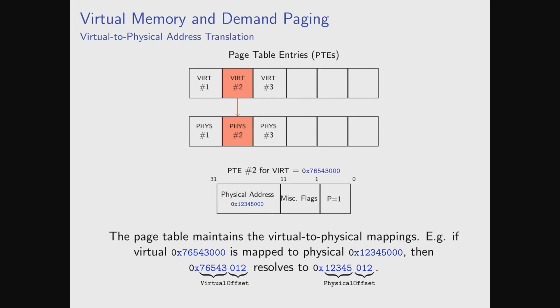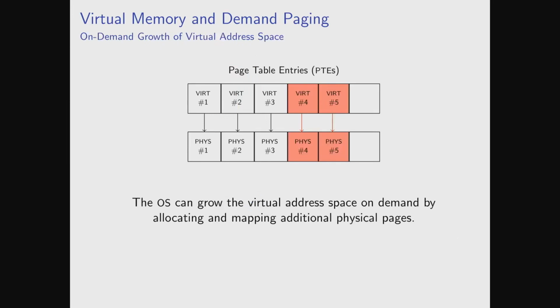The page table dictates the translations between virtual and physical pages, basically specifying the high bits of the virtual page and the high bits of the corresponding physical page, with some flags and also this present bit at the bottom, which we'll talk about again in a minute. As the program requests it, the operating system can allocate more memory and basically add new virtual to physical mappings on the fly.